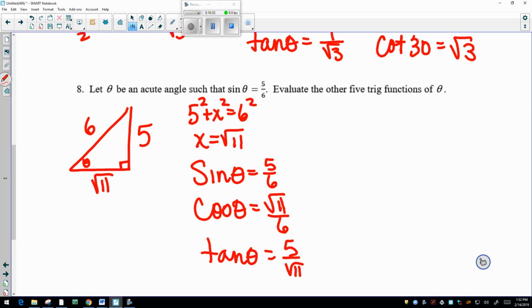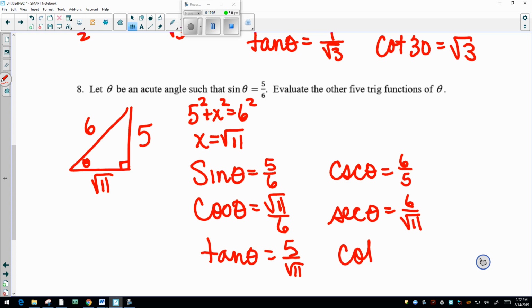And now we can find the reciprocals. So the reciprocal of sine is cosecant, which is 6 over 5. The reciprocal of cosine is secant, which is 6 over the square root of 11. And the reciprocal of tangent is cotangent, and that's square root of 11 over 5.